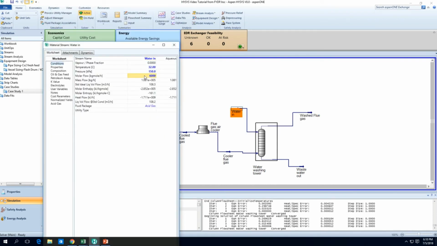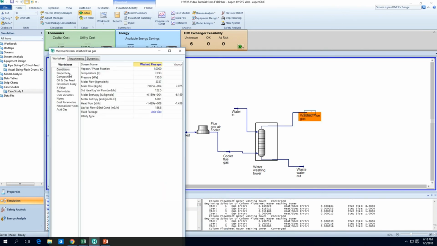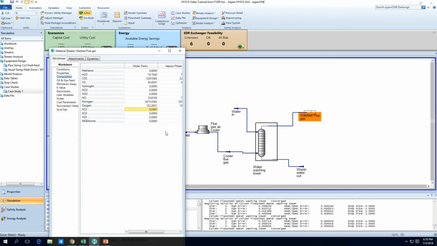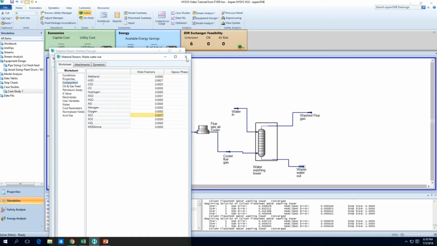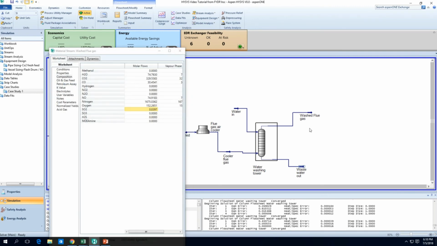So maybe 1E4, 10,000. Okay, that virtually eliminates pretty much all the SO2. And you can see the wastewater, all the SO2 is over here. So that's good. So this is just water absorption.